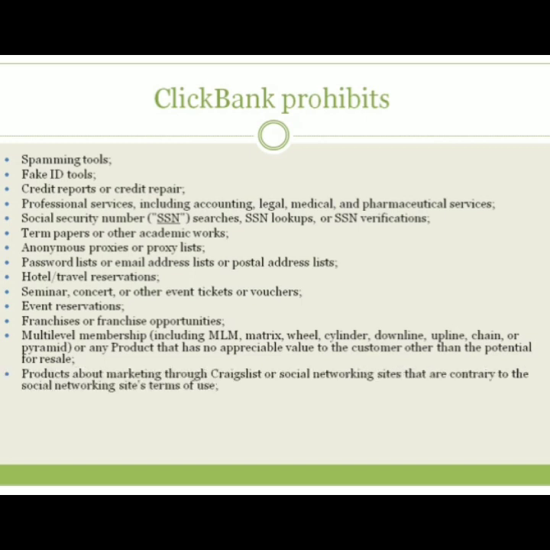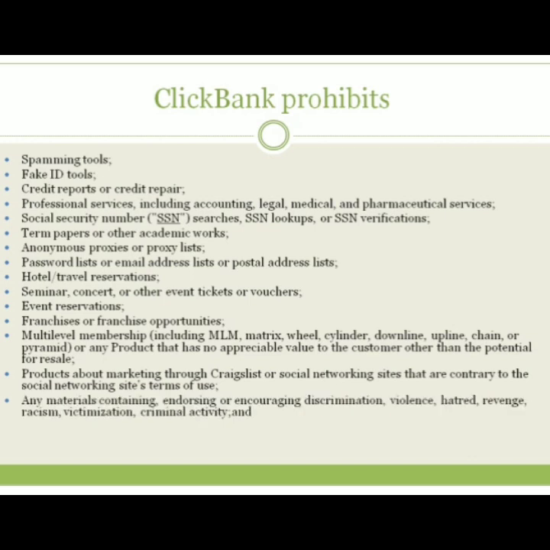Products about marketing through Craigslist or social networking sites, social media type stuff. Any materials containing and endorsing discrimination, violence, hatred, revenge, racism, victimization, criminal activity, and any other category Clickbank decides to prohibit. So the last one is kind of vague, but obviously anything illegal, you want to probably move away from that.